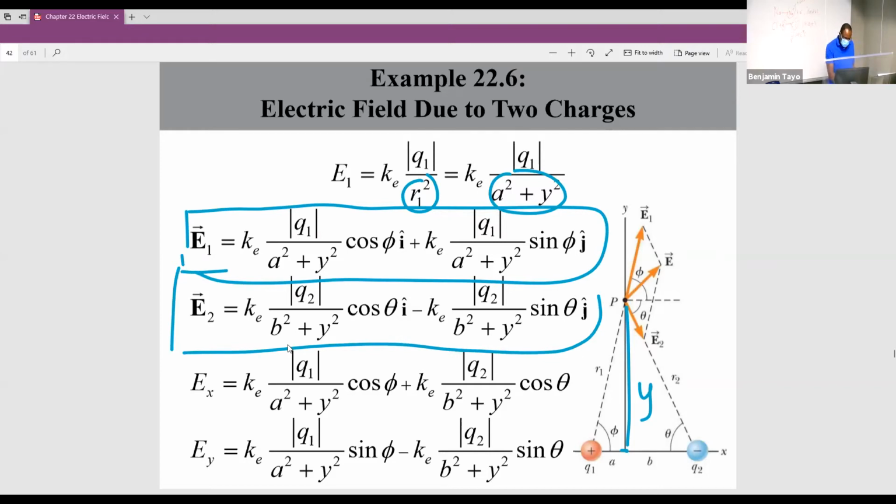So if you sum those two vectors, you can write your electric field as this X component and this Y component, right? Now, it looks like something complicated, but it's a very easy problem if you sit down very carefully with trigonometry and make sure that you have your angles correctly. So it's not a very complicated problem.